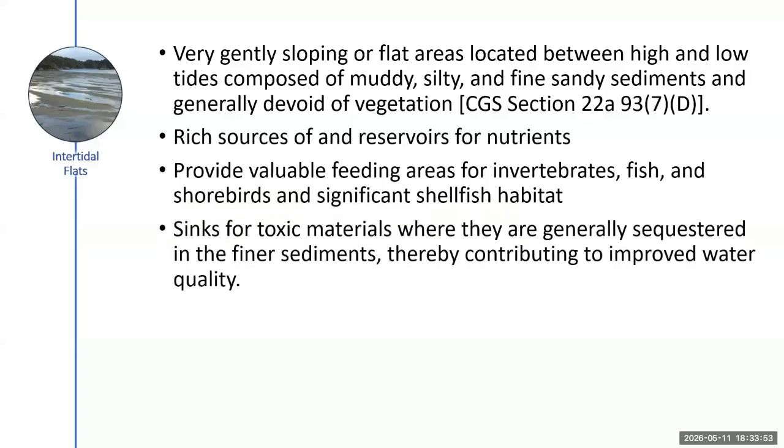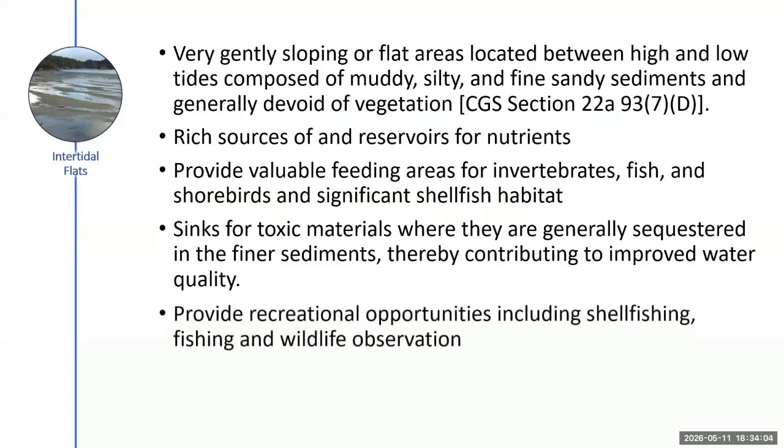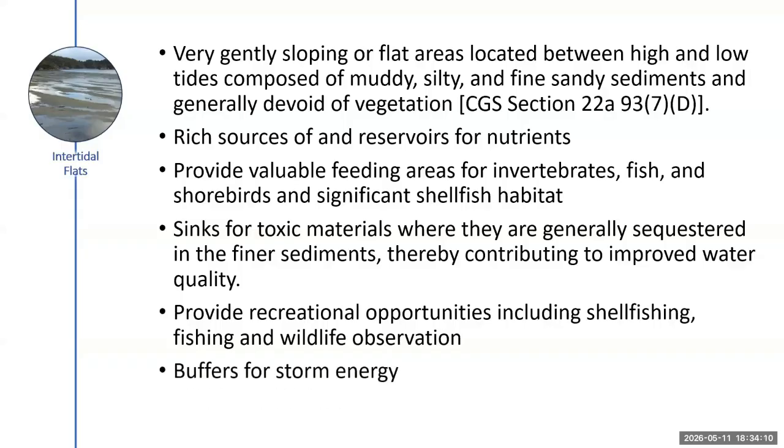They also serve as sinks for toxic materials, where such materials can be sequestered into the sediments, thereby cleaning the water to some extent. They provide recreational opportunities, including shellfishing, fishing, and wildlife observation, and they do act as buffers for storm energy.